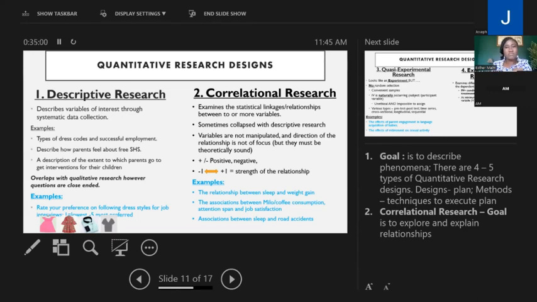So negative 0.89 means there's a stronger negative correlation between the two variables, let's say eating junk food and weight gain, versus negative 0.43. All right, that's a relatively weaker negative relationship.